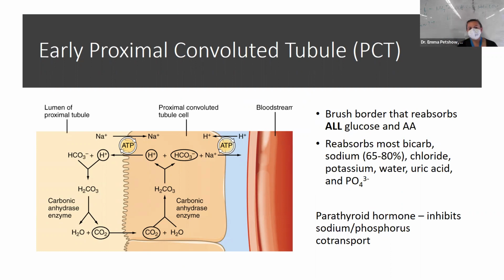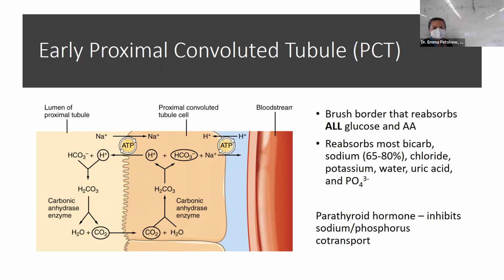So our proximal convoluted tubule, often referred to as PCT. If you're into looking at the biochemical schema of what's happening, there you go. But essentially at this brush border, it's going to reabsorb all of our glucose and our amino acids. And I do mean all, it's going to take in all glucose and amino acid that's there.